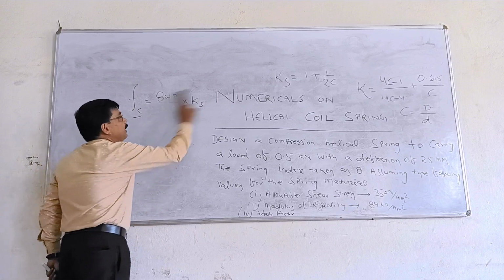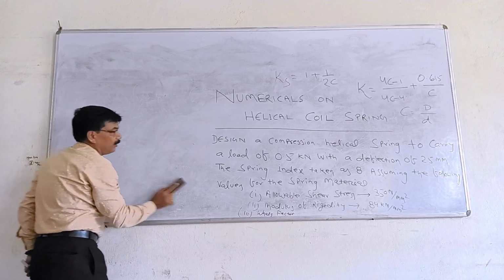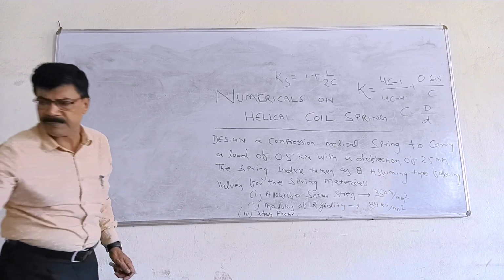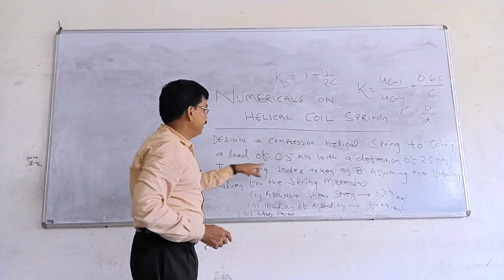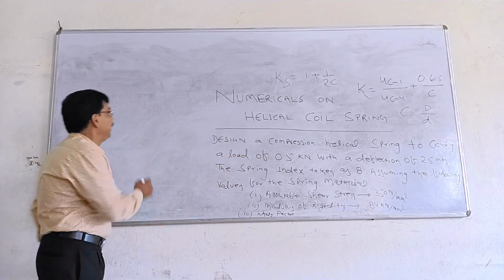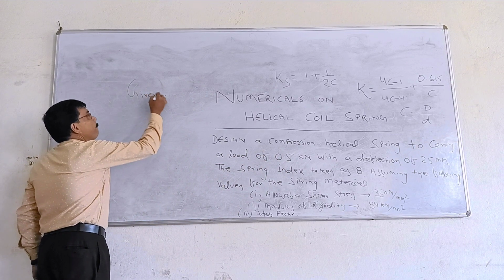First of all, see what data is given in the question. Just read it. Coil spring, carry load of 0.5 kN. Write down the given data.